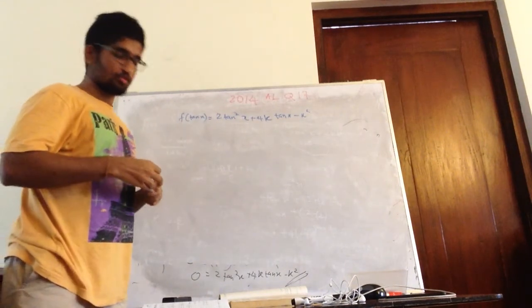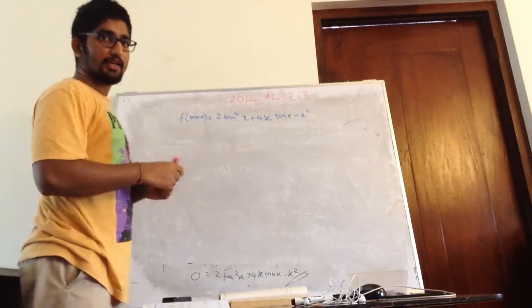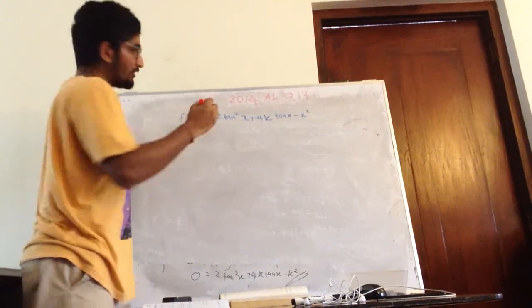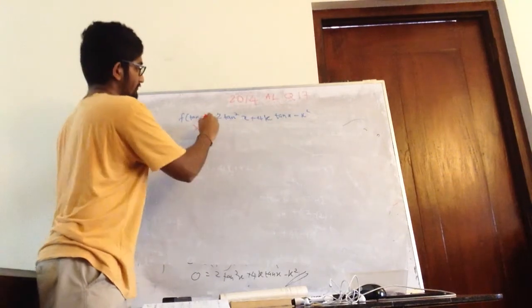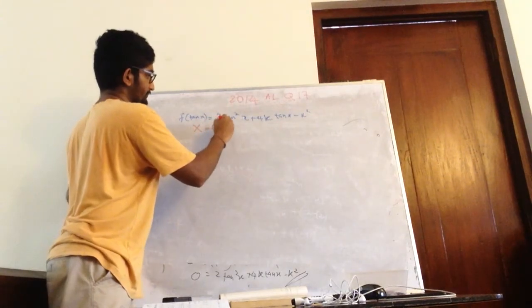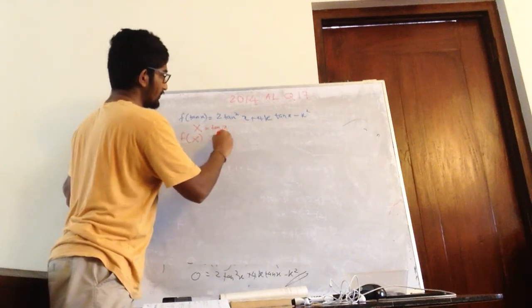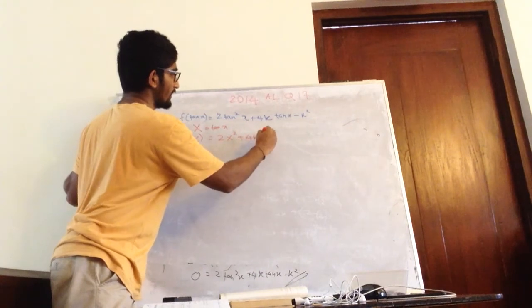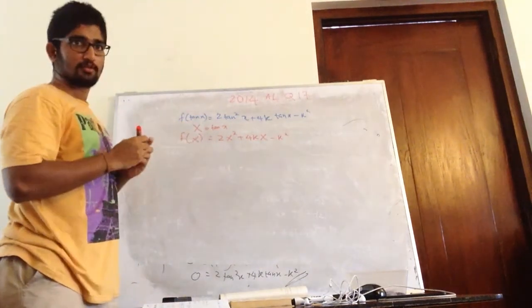So for it to digest more easily, I will take this tan x as capital X. So basically, capital X is 2X squared plus 4kX minus k squared.